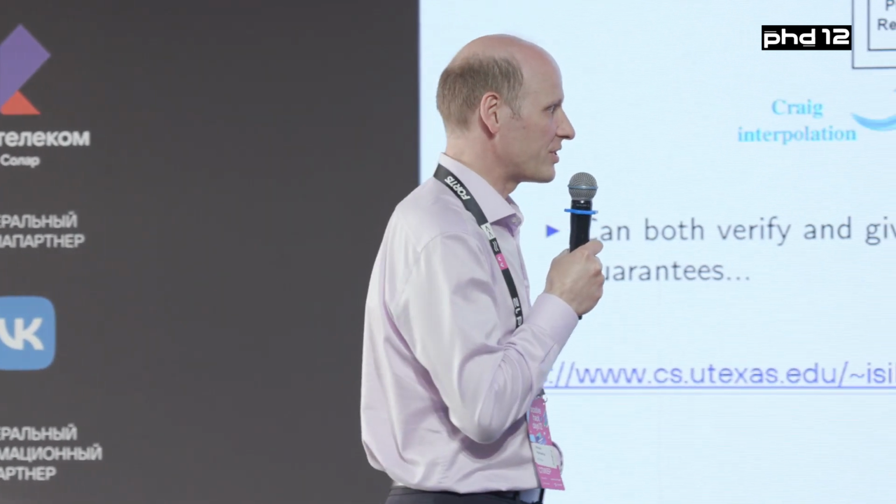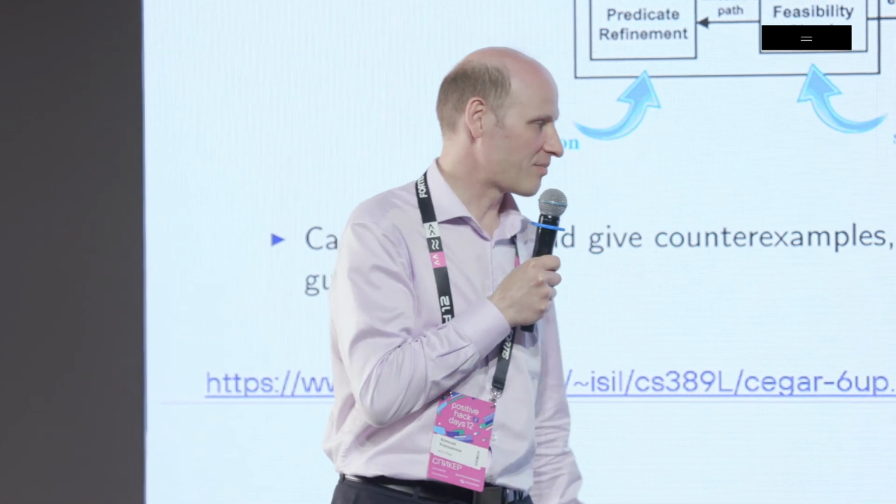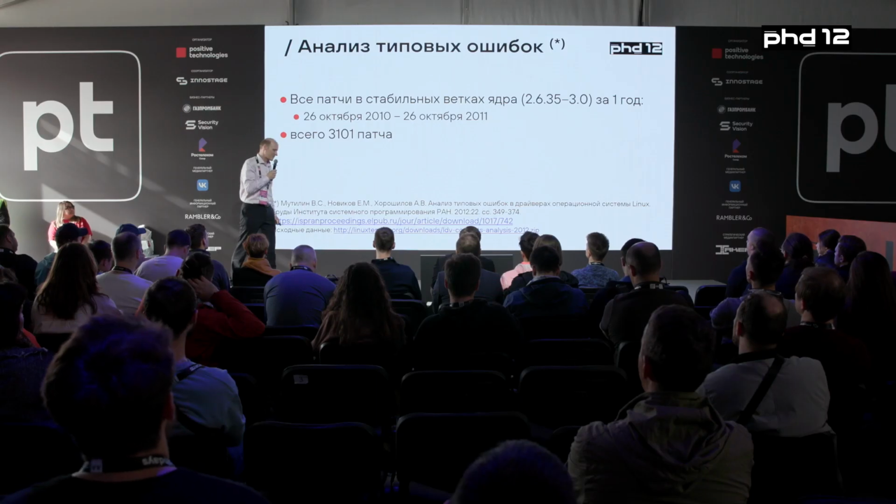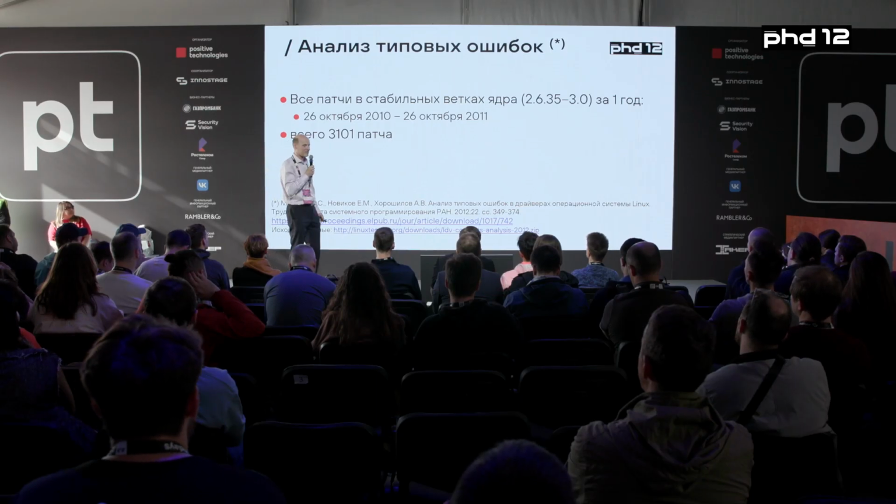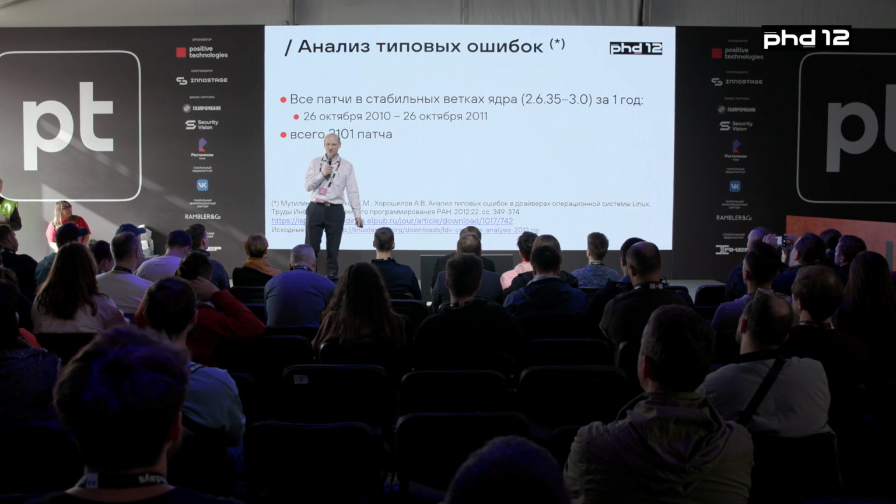CEGAR tools use different heuristic algorithms, and it really works. Now, what if we try to use that tool on the Linux kernel? About 30 million lines of code. First, what are we going to find?